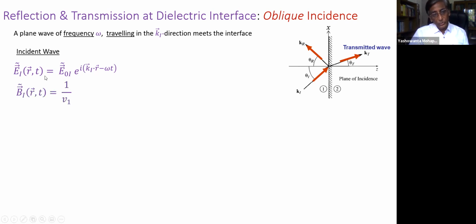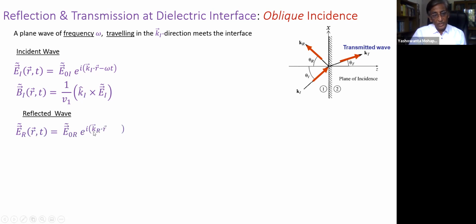Of course, once I do that, remember, so Bi at any r is 1 by v1 and the right-hand triad, ki hat cross Ei. So that gives me Bi. That was the incident wave. Now I can write down similarly the reflected wave, Er of r, t, similarly E0r e to the power i kr dot r minus omega t, where kr is the direction in which it is traveling.